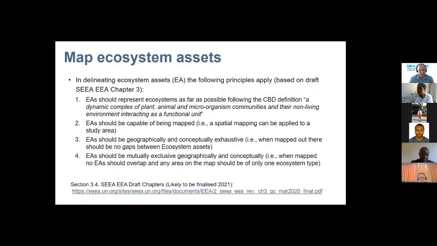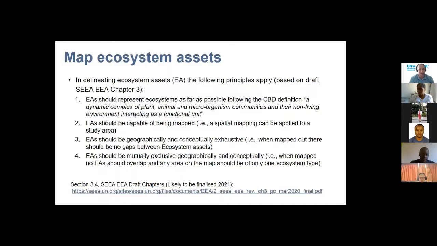Easier said than done, but something that is quite important to be aware of. And of course, there's a pragmatic principle here that the ecosystem assets should be capable of being mapped. So the typology that you develop is implementable in practice to actually generate a spatial map of ecosystem assets in a study area.